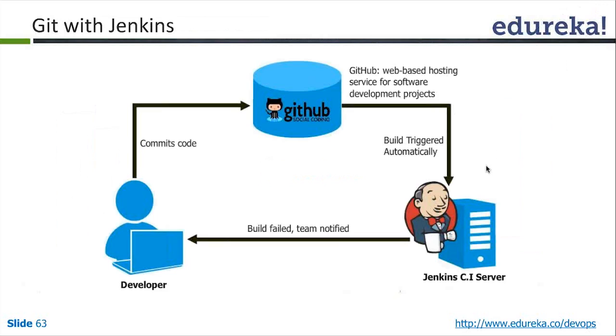Once it commits a code, the Jenkins server monitors that. Then the build is done, and probably after this there may be one more layer where the complete testing is done. You build it, you do a complete testing. That will be a different environment. So Jenkins can coordinate all of these activities. When I say coordinate, you actually need to write code to do all of this.